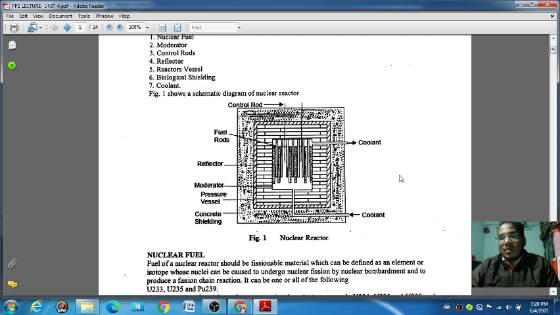So how will we maintain the level of energy in the reactor, and how will we discharge that heat energy from the reactor? For that purpose we use the coolant, like the radiator in an automobile, in front of the engine.